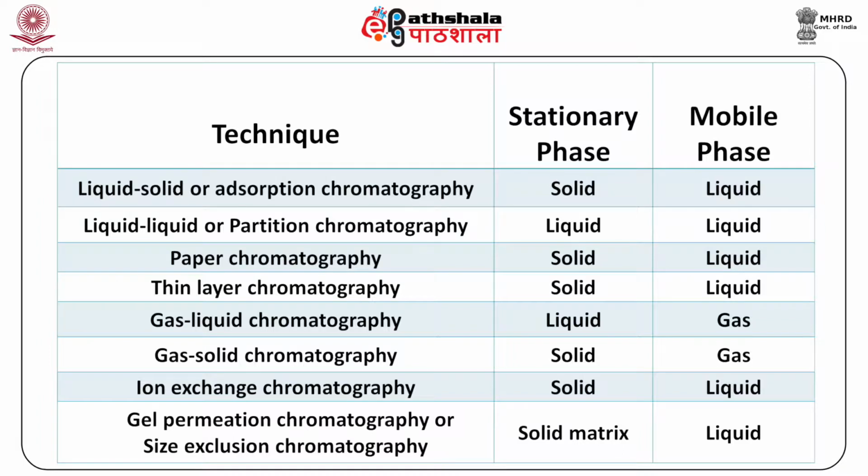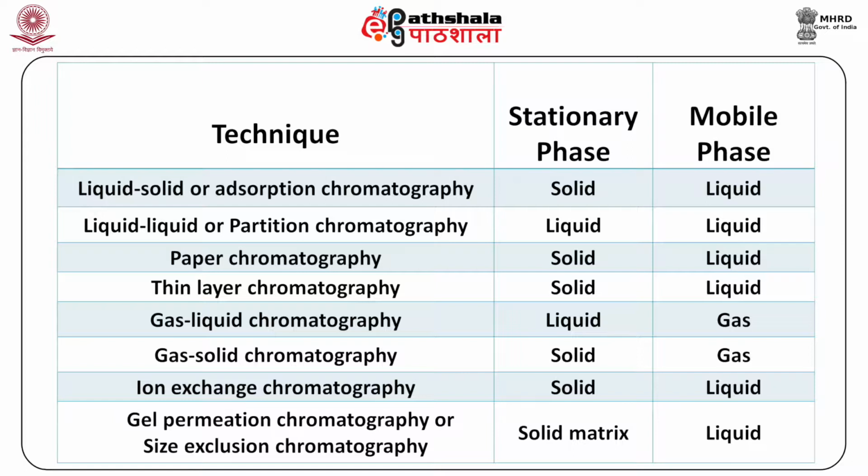Next is liquid-liquid or partition chromatography, also known as LLC, wherein the stationary phase is liquid and the mobile phase is also liquid. In paper chromatography, the stationary phase used is solid and the mobile phase is also liquid. Next is thin layer chromatography, or TLC, wherein the stationary phase can be solid and the mobile phase is liquid. Next is gas liquid chromatography, or GLC, wherein the stationary phase is liquid and the mobile phase is gas.